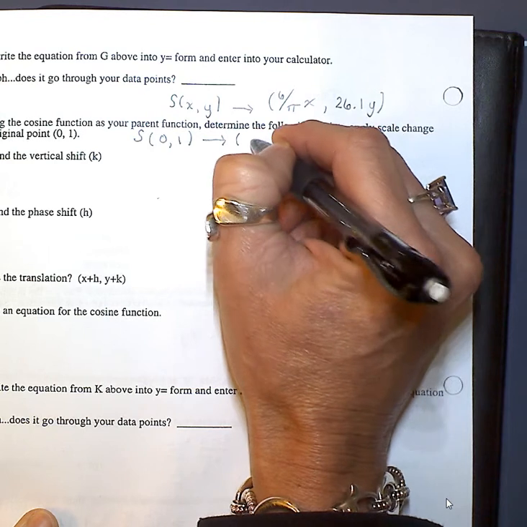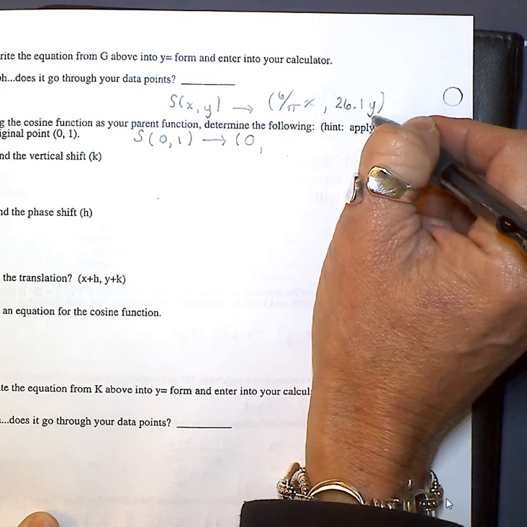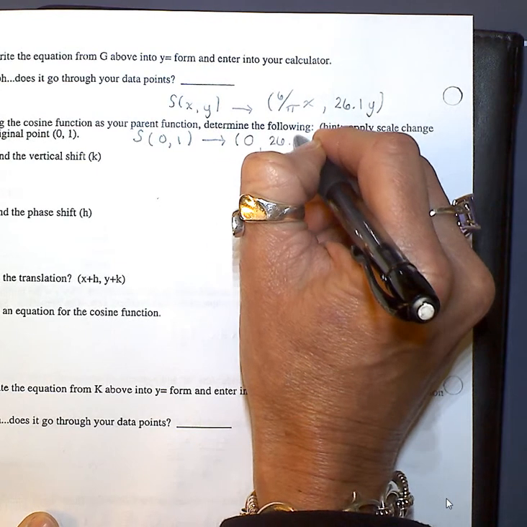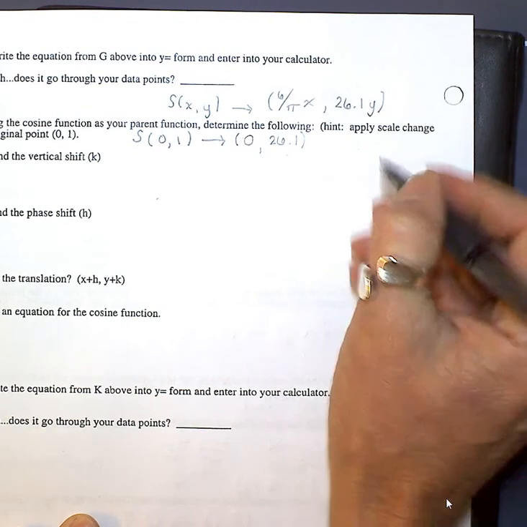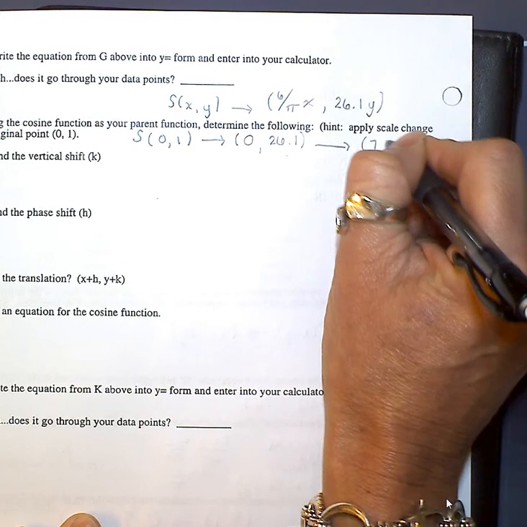Thank you. And 1 times 26.1 will be what? 26.1. But there is not a bump at (0, 26.1), but rather at (7, 73.2).